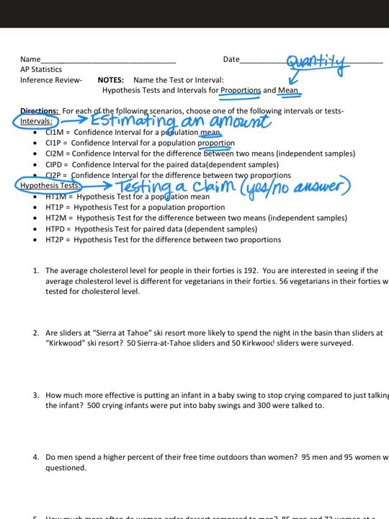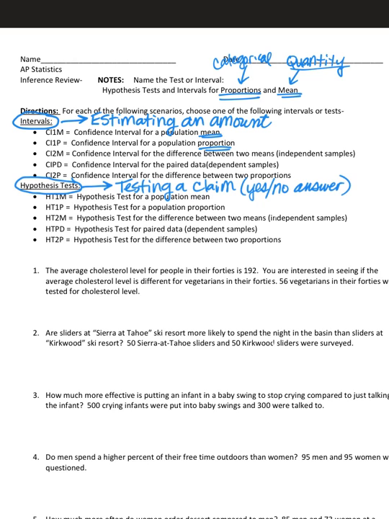So we're getting what proportion of people say yes versus no, what proportion of people did this or did that. Really it's just that the subjects did something, or they didn't.